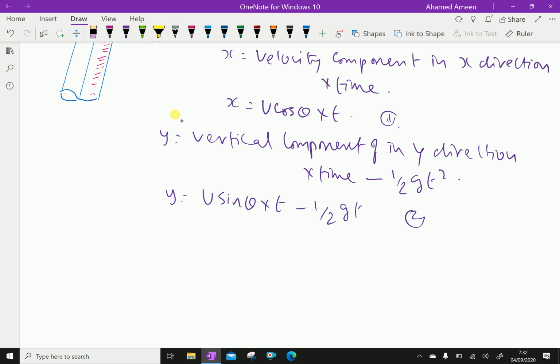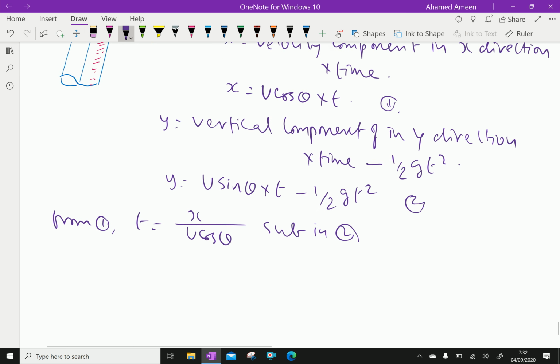Now from 1, t is x over u cos theta. Substitute this t value in 2.